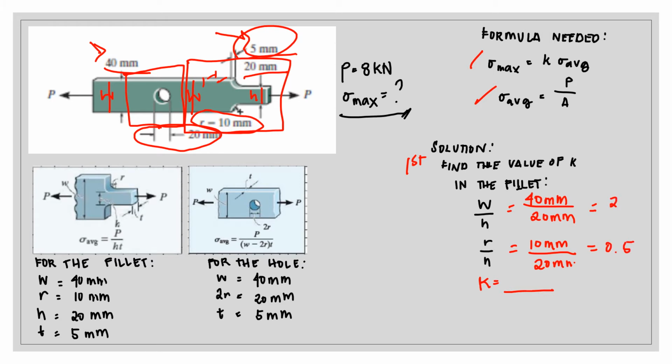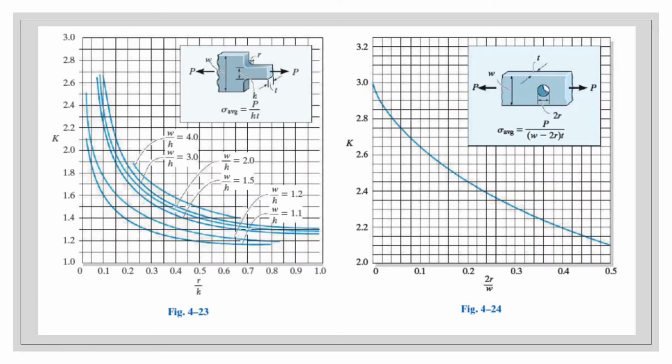Since we already have the value of width over height and radius over height, we're going to find the value of K through the chart. So here, we have R over H as 0.5, and width over height equal to 2. This curve and 0.5 intersect here.